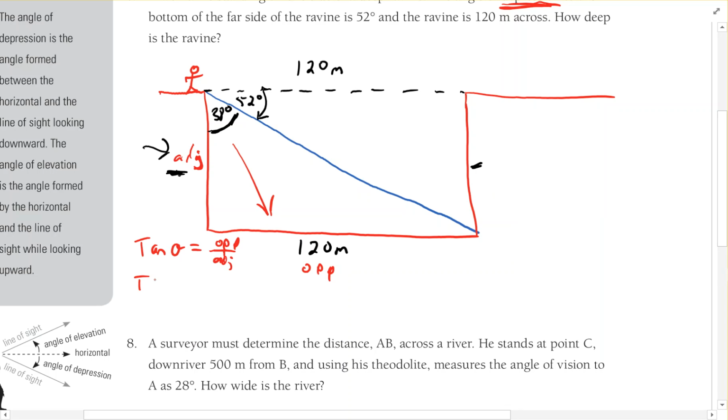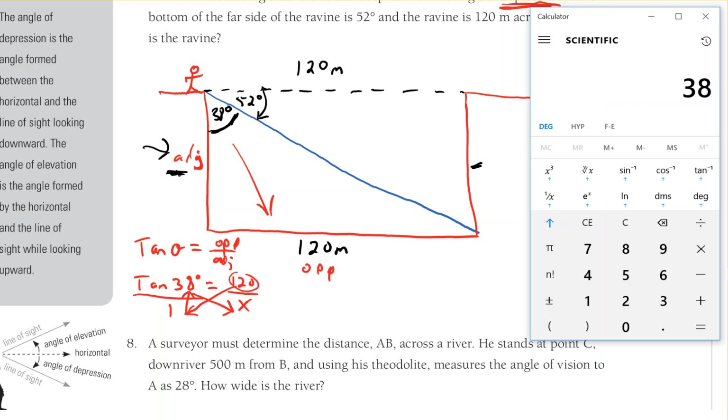Okay, and then fill in what we know. We know tan of 38 degrees is equal to opposite, which is 120, over adjacent, which is x, and we don't know that one. So if I put tan 38 over 1, we can do our little cross multiplying thing. Just start with 120 and go 120 times 1 divided by tan 38 will give you x.